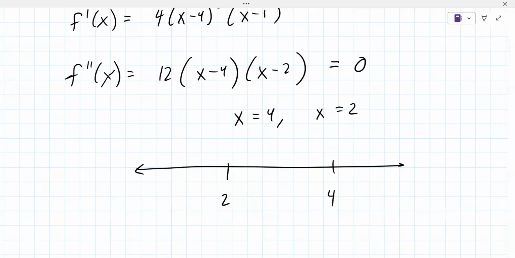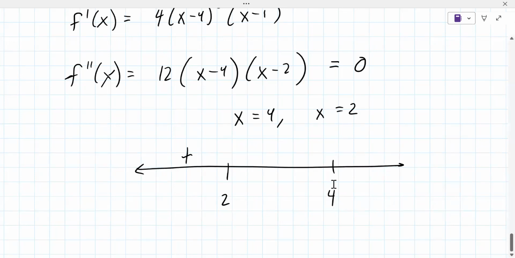First one is positive, so 0 to 2 is positive. 4 is 0.